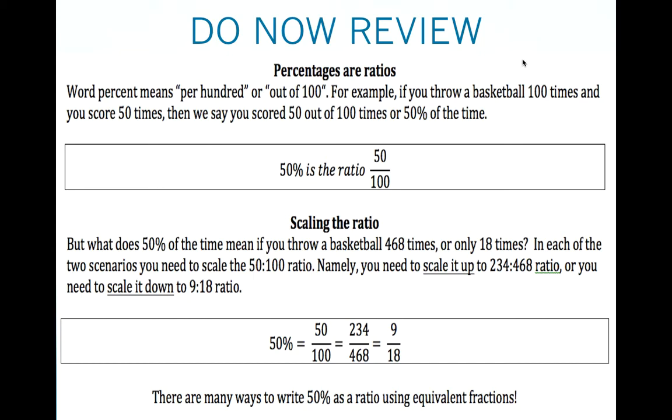But what does 50% of the time mean if you throw a basketball 468 times, or only 18 times? In each of the two scenarios, you need to scale the 50 to 100 ratio.